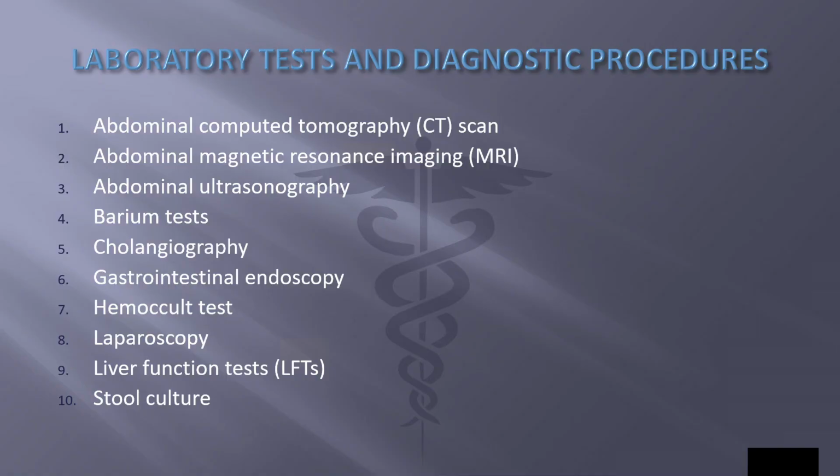Barium tests, X-ray examinations using a liquid barium mixture to locate disorders of the gastrointestinal tract. In a barium enema, lower GI series, barium is injected into the anus and rectum, and X-ray images are taken of the colon. In an upper GI series, barium swallow, barium is taken in through the mouth, and X-ray images reveal the esophagus, stomach, and small intestine.